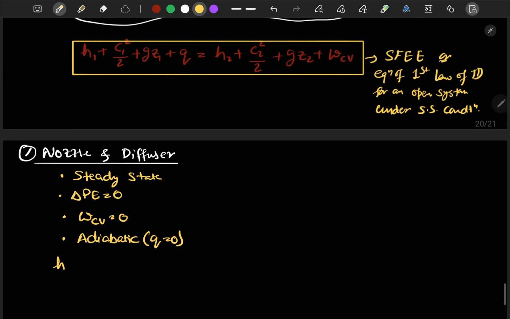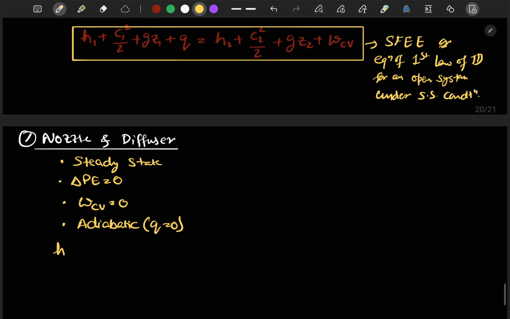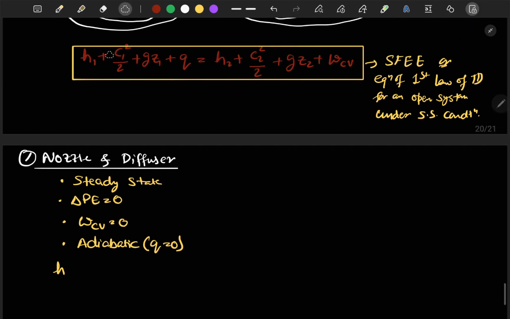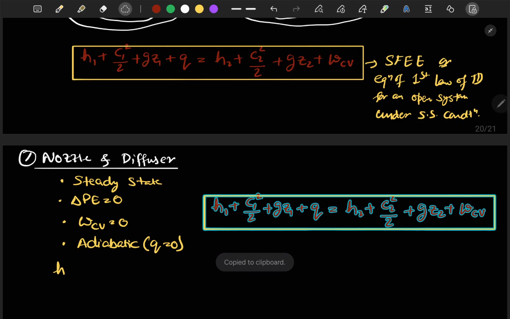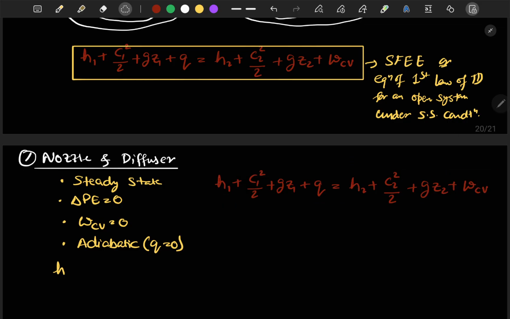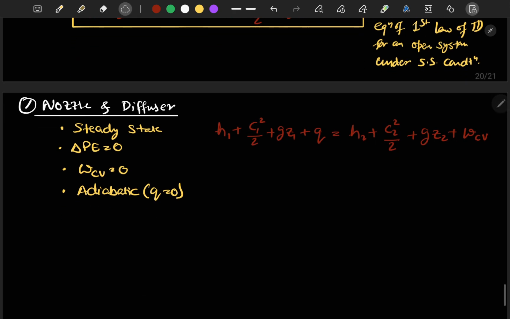If we apply these conditions, let me copy the equation and paste it here, and see how the conditions are satisfied.